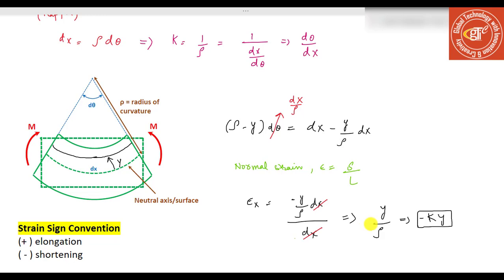I can cancel dx in the numerator and the denominator, and I end up with this relationship. And so we know that 1 over rho is kappa, the curvature, and so I can express it either way. We see now that strain is proportional to the curvature and it varies linearly with the distance y from the neutral axis.